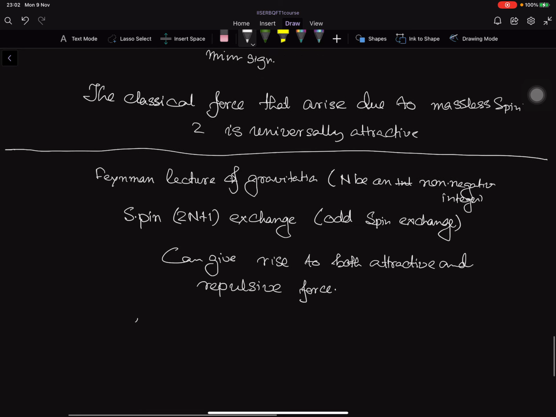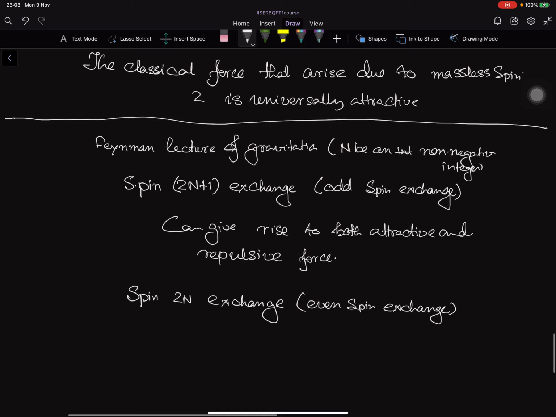Whereas even spin exchange, spin 2n exchange, can give rise to only attractive force.